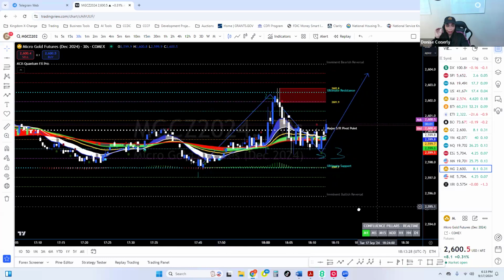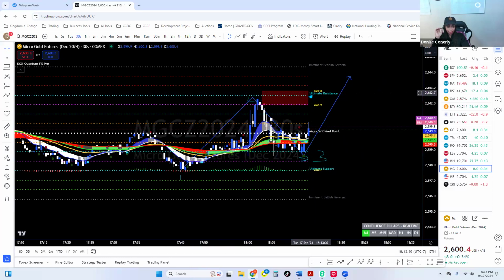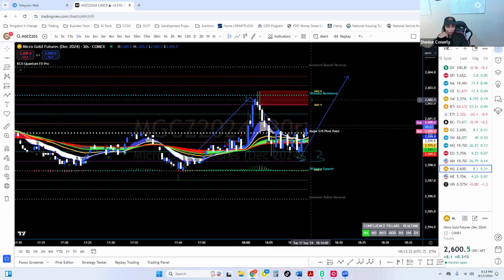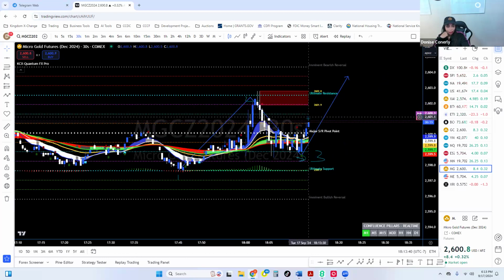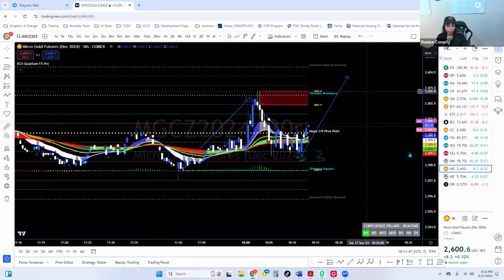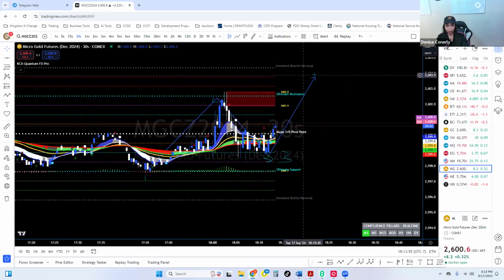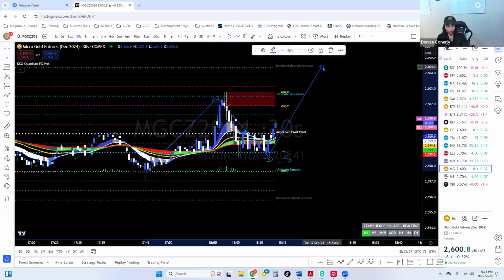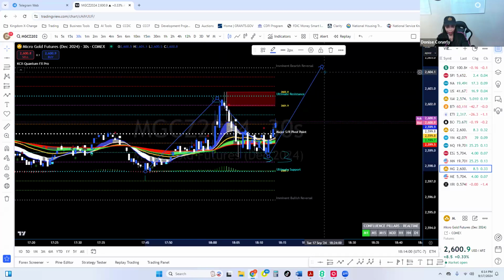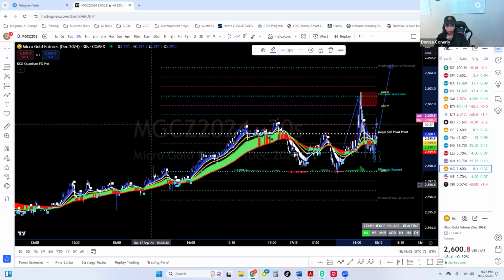Again, some people will enter here and go to here. You can make that entry. I just say, if you make that entry, be aware that you have resistance here and you have this resistance. If it's enough pips that you're comfortable with taking that move up, then that's fine. But I know I'm at a major support resistance, so I would like to see it go up and confirm that yes, it's gonna trend, especially because look what it's been coming from.